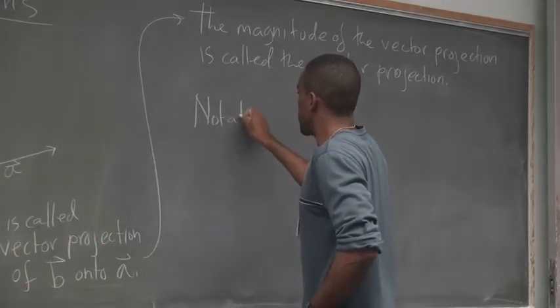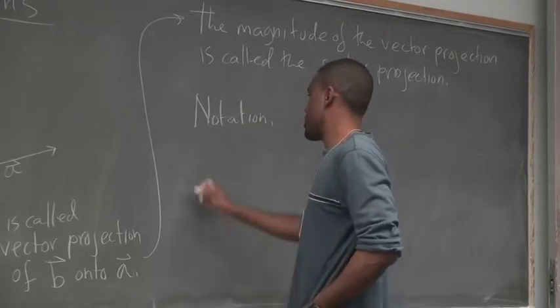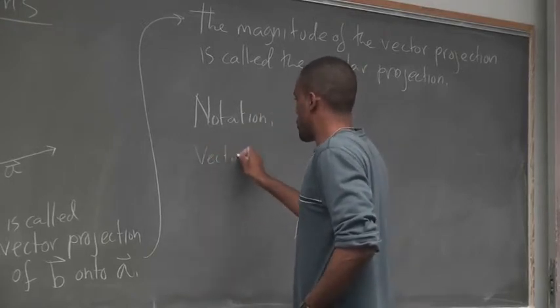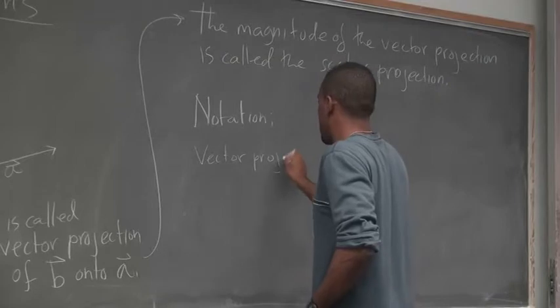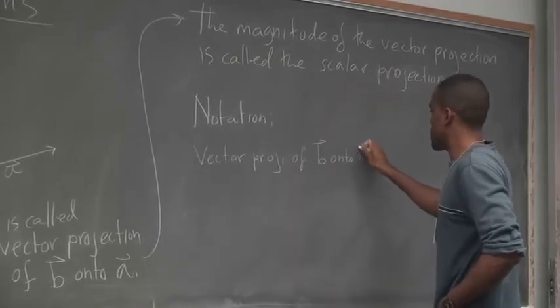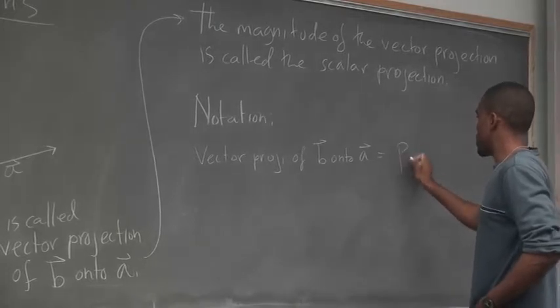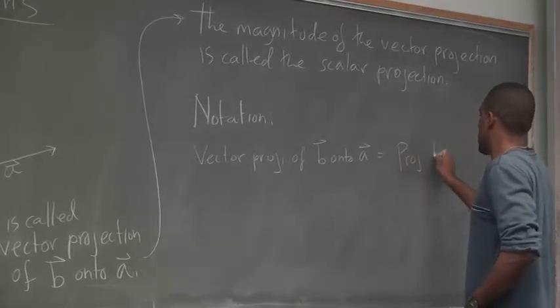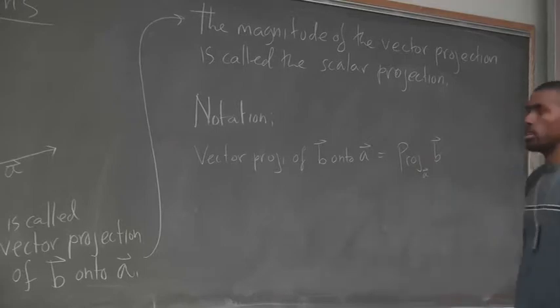Let's talk about notation. The vector projection of B onto A is written this way: project B, and little a is down here.